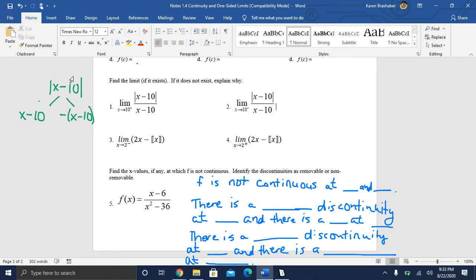So on problem number 1, we are doing x approaching 10 from the right. So we need to remove the absolute value using the positive branch.